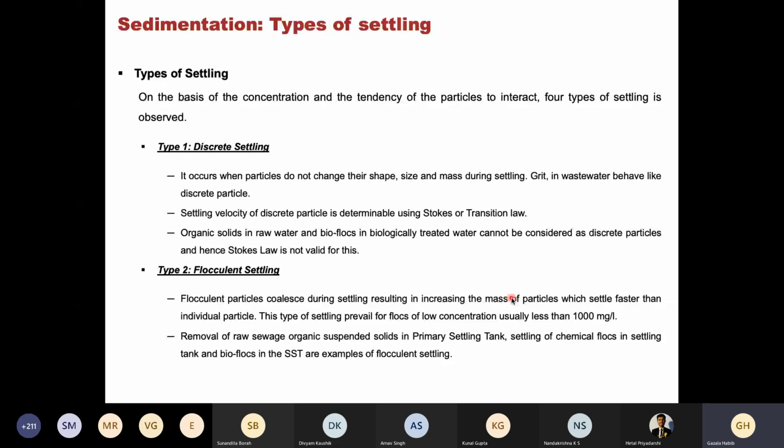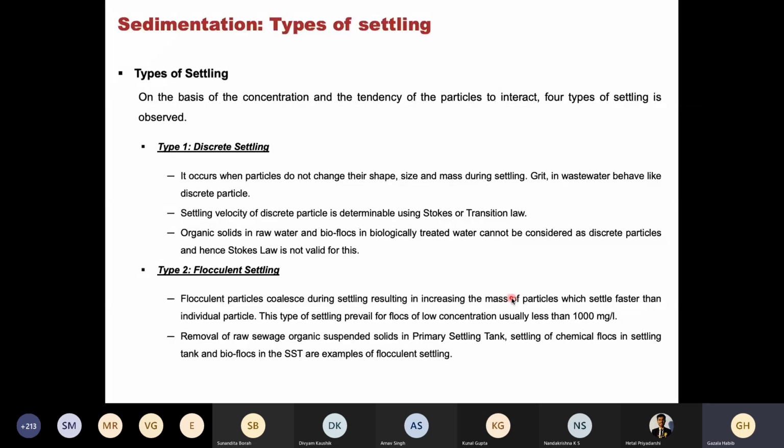During that process, the bacteria grow, and there is also a decay phase of the bacteria. So that solid which contains the bacteria is called biofloc. So, for chemical flock as well as bioflock, when the concentration is as low as 1000 mg per liter, we think the kind of settling which happens can be defined as flocculent settling.